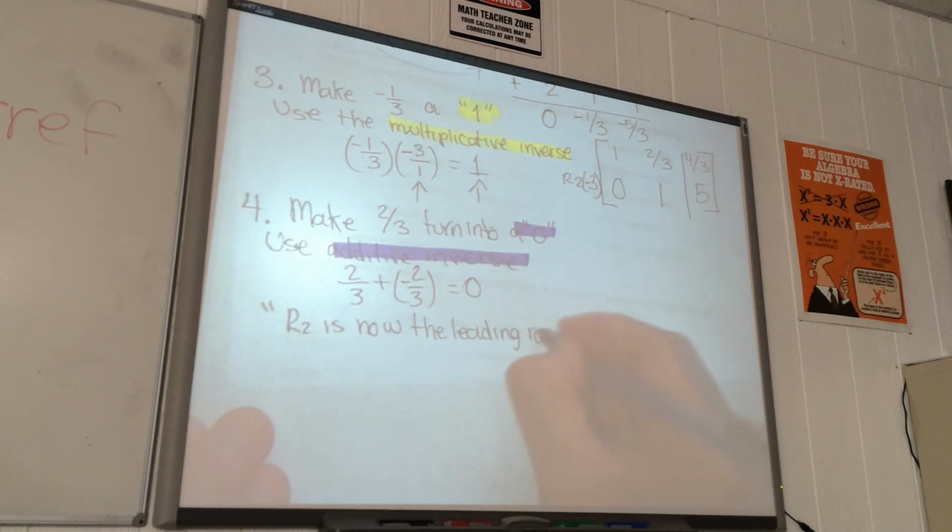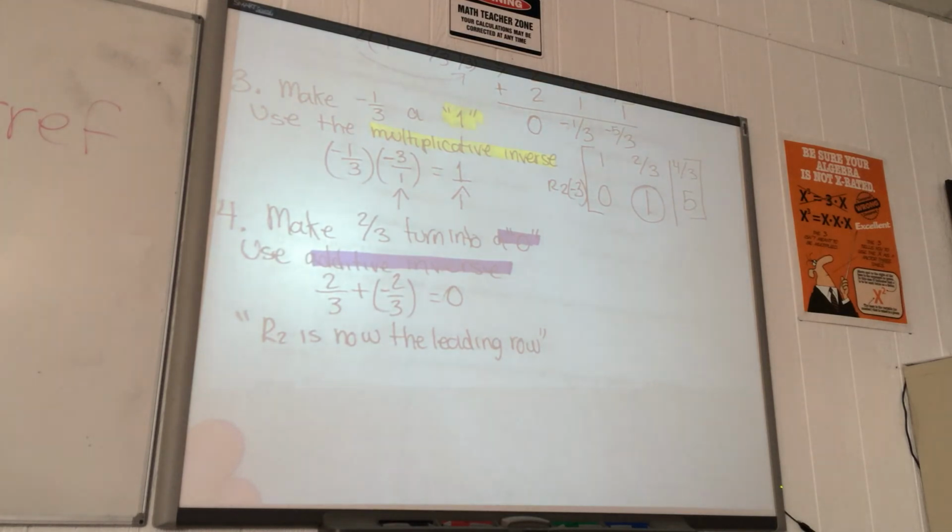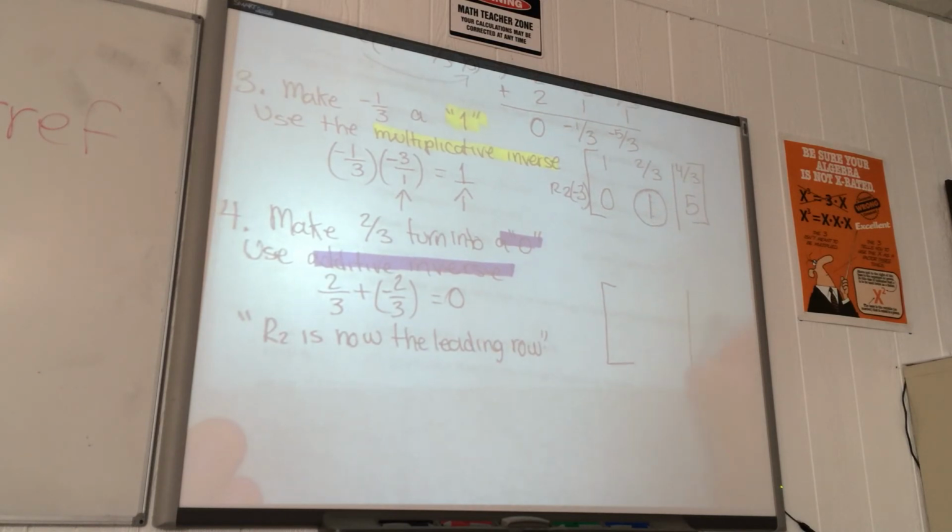Because that's the one that has the 1. Remember how we moved from first column to second column? Once you move to the second column, the row that contains the 1 of the identity form is the leading row. Now, we're not going to do anything to R2, so let's just copy it. So 0, 1, and 5.